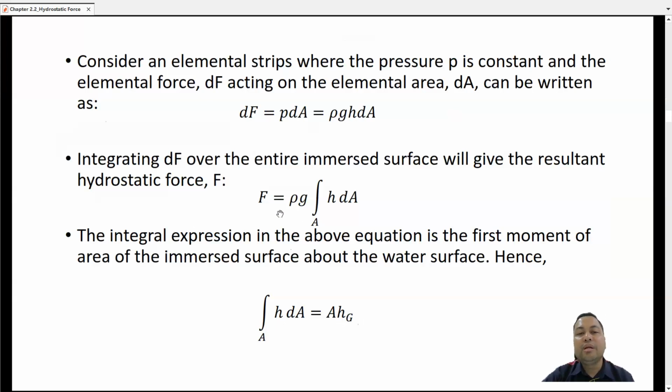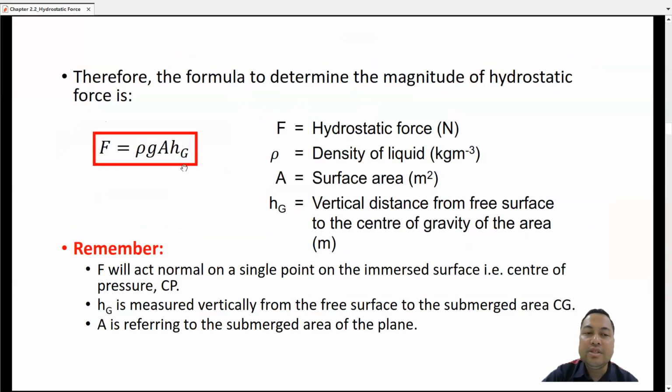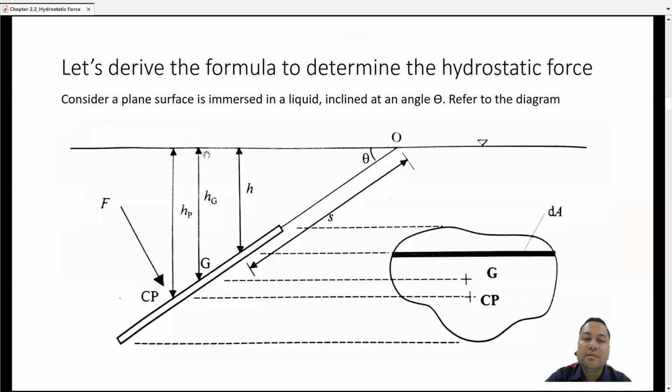Thus, we obtain the hydrostatic force equation F equals rho g A Hg, where rho is the density of liquid, g is the gravitational acceleration, A is the surface area, and Hg is the vertical distance from the free surface to the centroid.